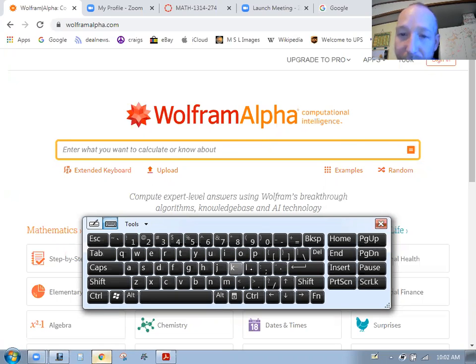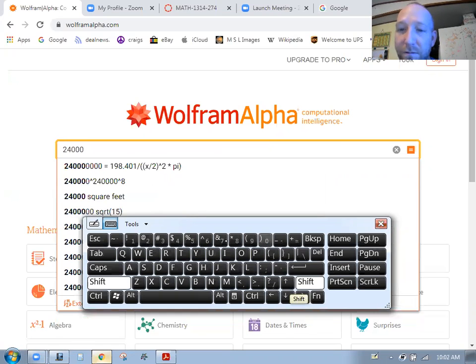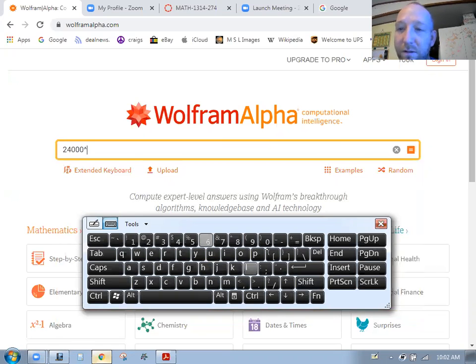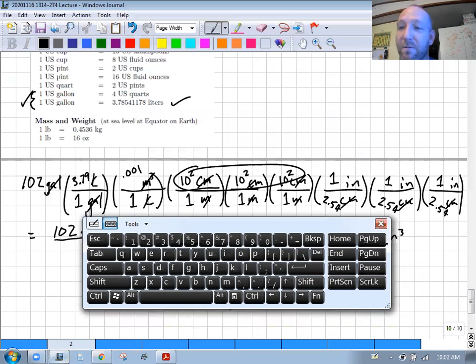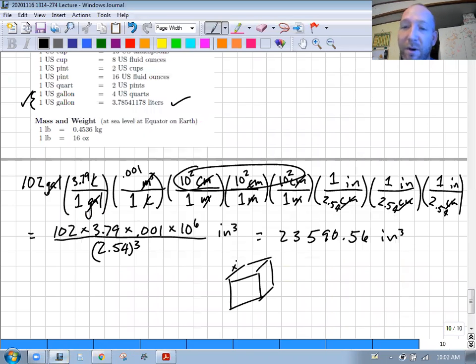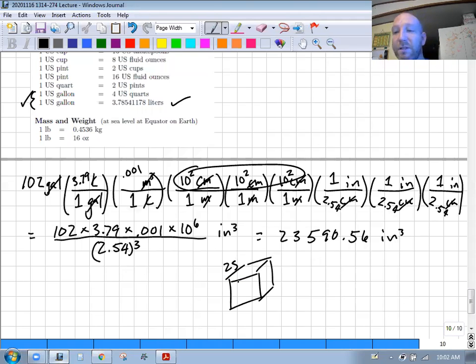So 24,000 to the 1/3. Right, a square root is a 1/2 power. A cube root is 1/3 power. So 28.9. So let's say just 28. That's approximately 28 inches on one side, right?